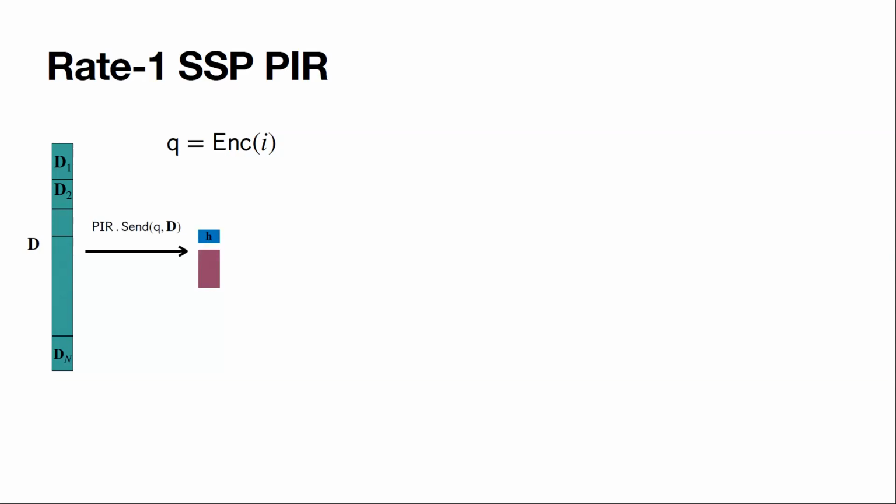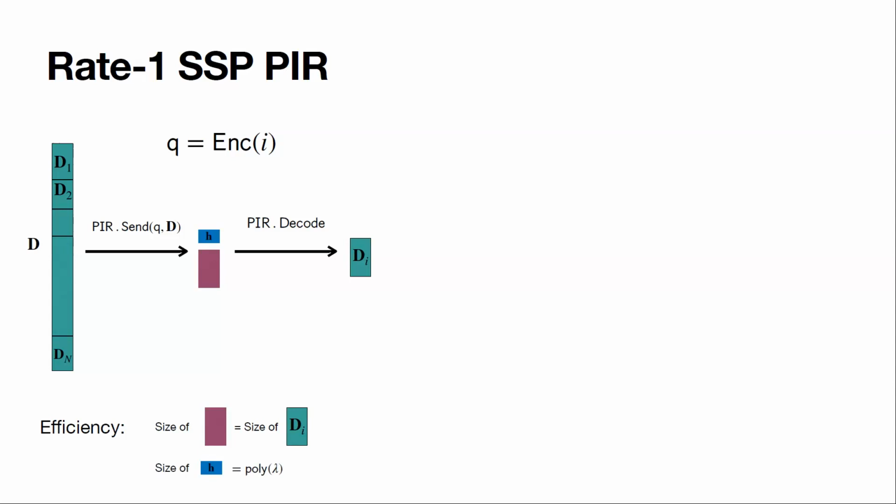Given the query Q and the database D, the sender can compute a PIR message, and we assume that this message can be decomposed into a header and a block which encodes the I-th block. Later, the receiver can decode the block. In terms of efficiency, we want this block to be exactly of the same size as the block B_I, and we want the header to be of constant size, independent of the size of the database. So this is the rate one property.